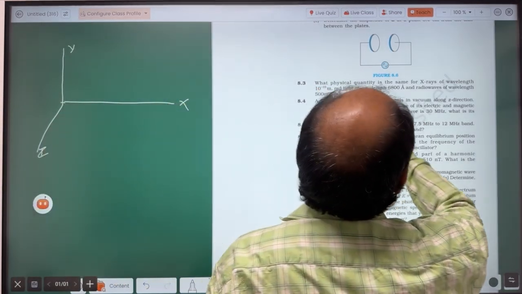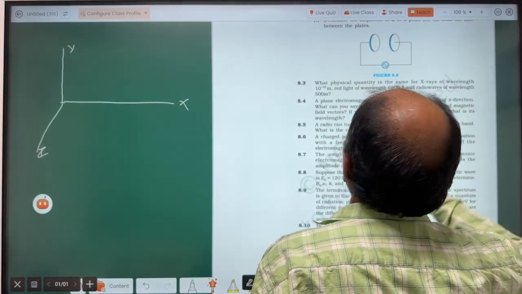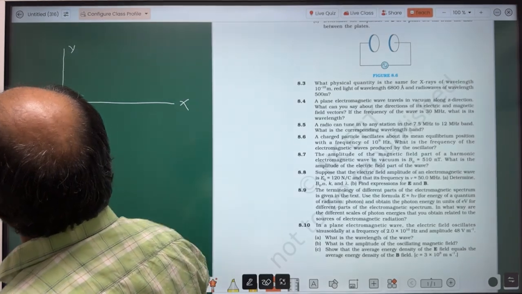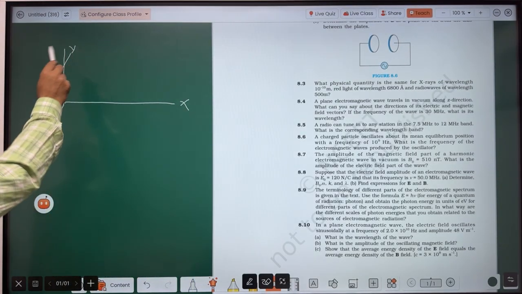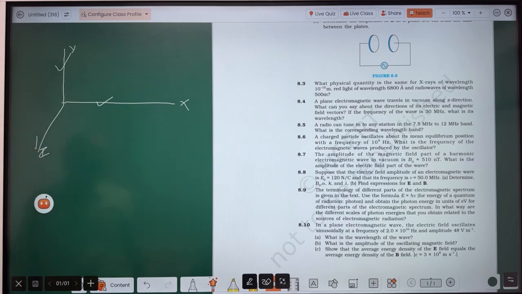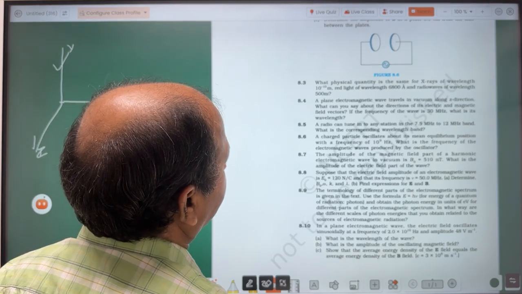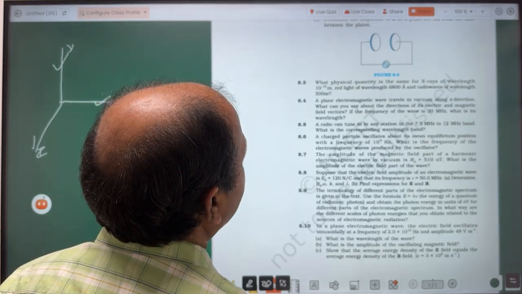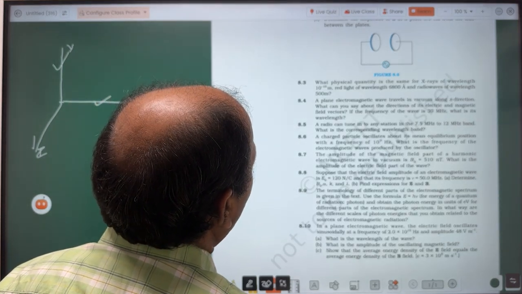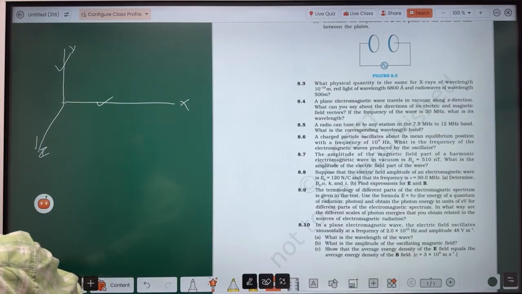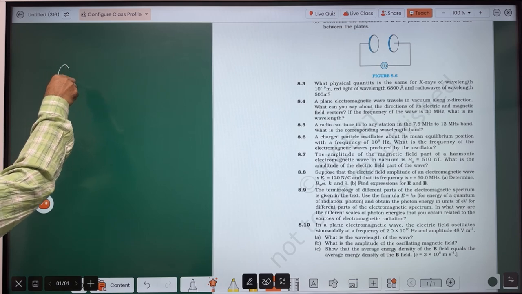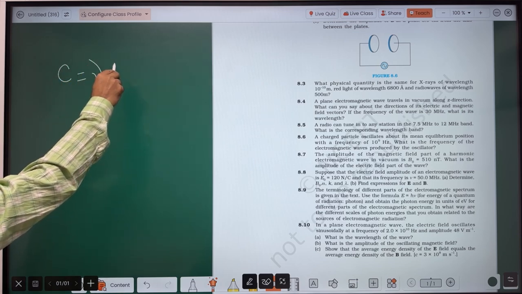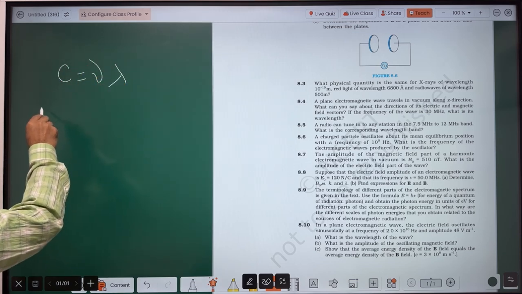So they all should be mutually perpendicular. Here the wave is traveling along z direction. If the wave is along z direction, then we can take electric field along y-axis and magnetic field along x-axis, correct? Now the next point is, if the frequency of the wave is 30 million hertz, what is its wavelength? What is the formula? C equal to nu lambda, right?